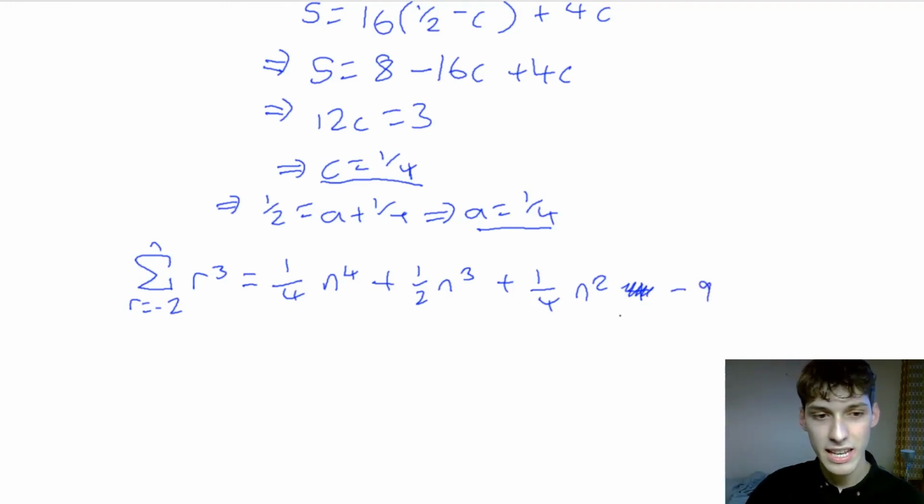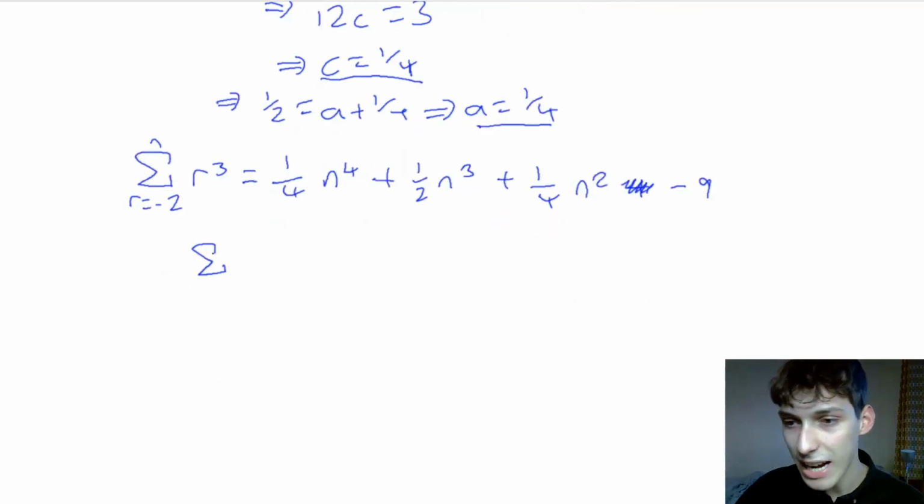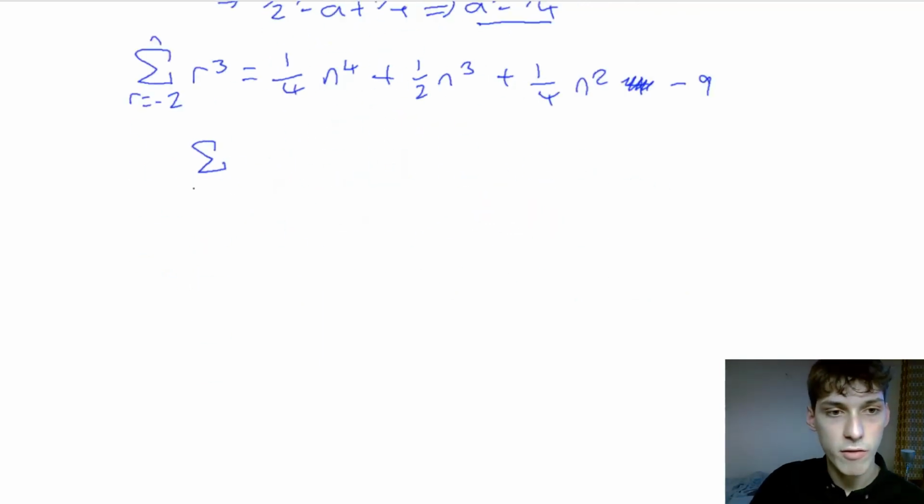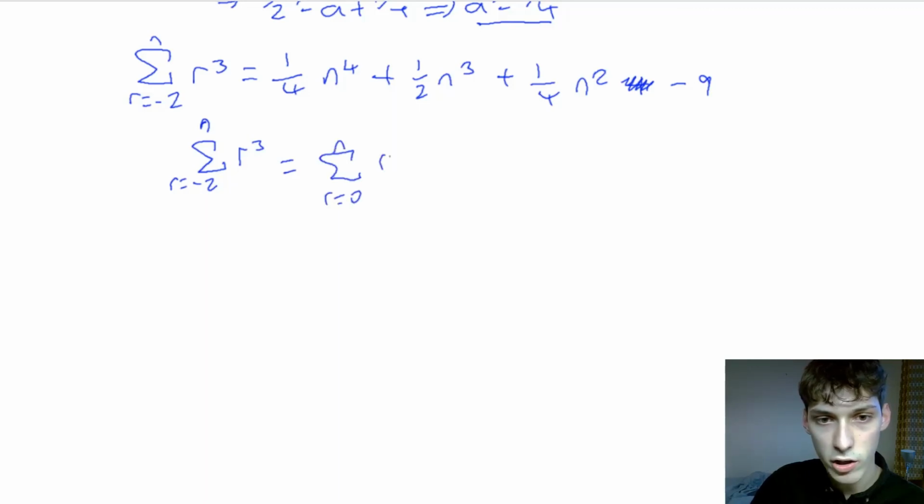Okay, let's now find some kind of way to relate this sum from minus 2 to a sum from 0. Just exactly the same as last time. We have the sum from r is equal to minus 2 to n of r cubed is equal to the sum from r is equal to 0 to n of r cubed.